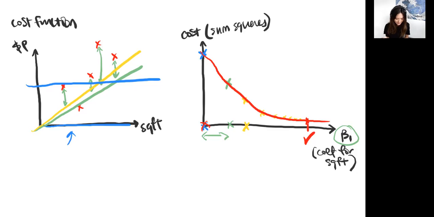So imagine I set my learning rate way too high, and the optimal value for beta is here, where I put this blue tick. If my learning rate is too high and I look at a point out here, my line would be something like this, and you're going to have greater errors as well.